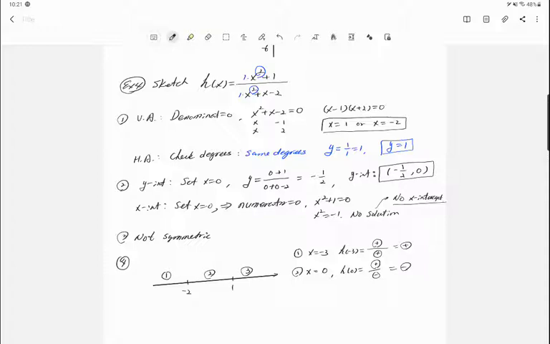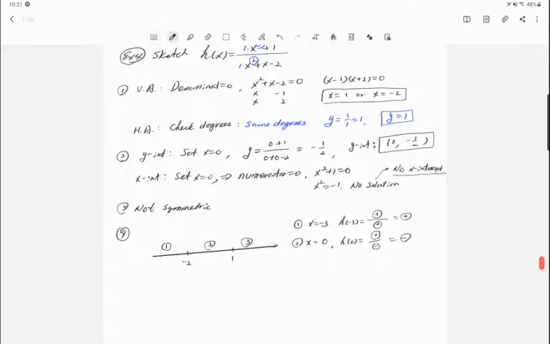I wrote this incorrectly. The y-intercept is when x equals 0, and the y value is negative 1 over 2, which is negative 0.5. So that's the y-intercept.